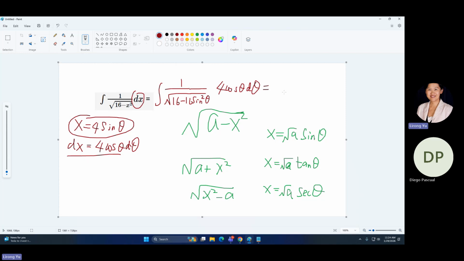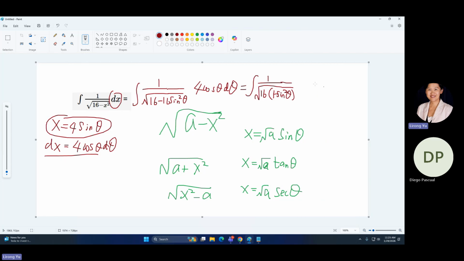You can see the 16 minus 16 sine squared theta. You can bring the 16 outside, it's a common factor. To really work out the detailed substitution, this is 1 over root of 16 as a common factor, and then 1 minus sine squared theta. 1 minus sine squared theta is cosine squared. It's 4 cosine theta.